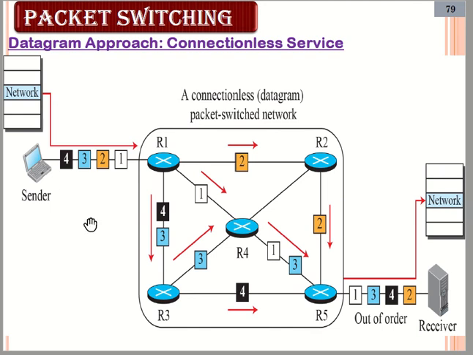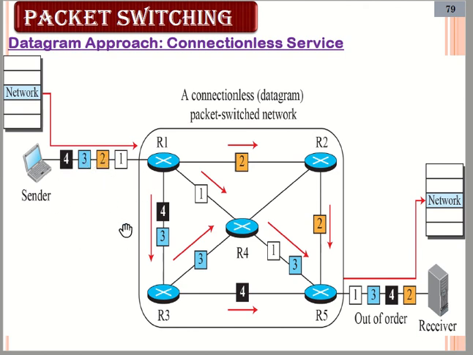As we said, four pieces of data will be sent from the source to the destination. Since this is a connectionless service, the packets will go from the source to the destination by any possible path based on the traffic. See here, the first packet is sent, followed by the second, the third, and then the fourth.